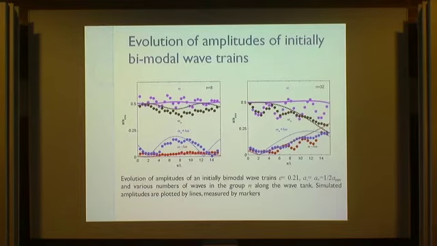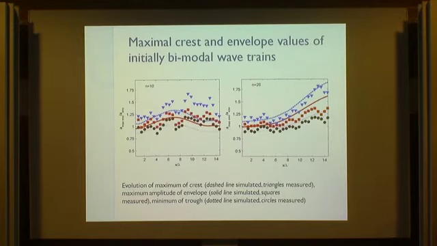You can see that here the discrepancy between experimental and simulated data is not that big. And we can see here also the growth of maximal values of crests and minimal values of troughs and maximum values of the envelopes if we change the frequency width.